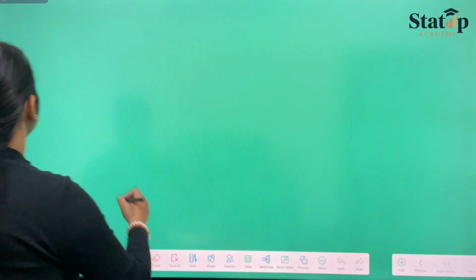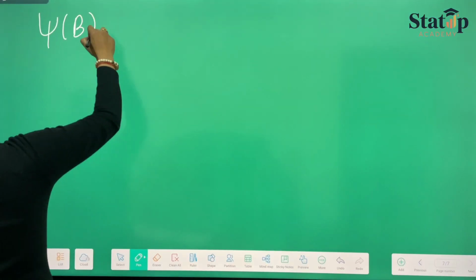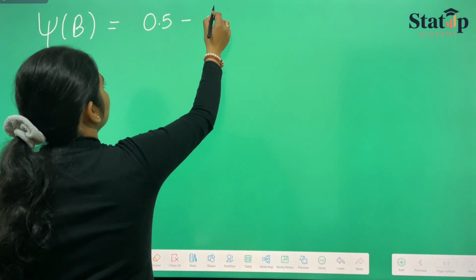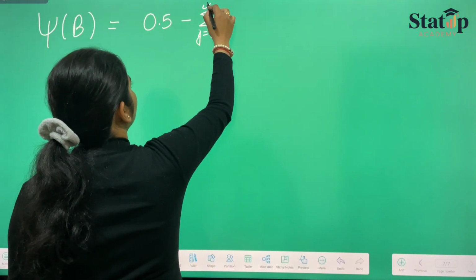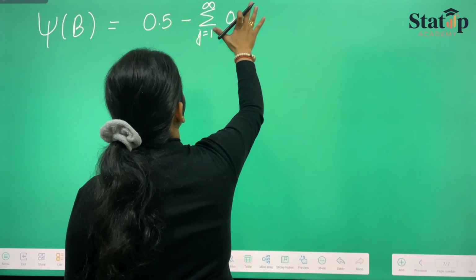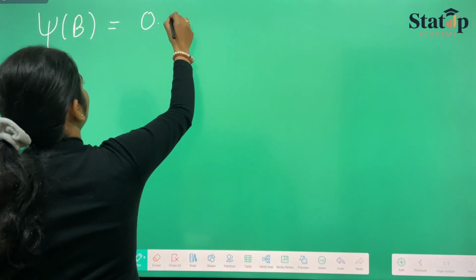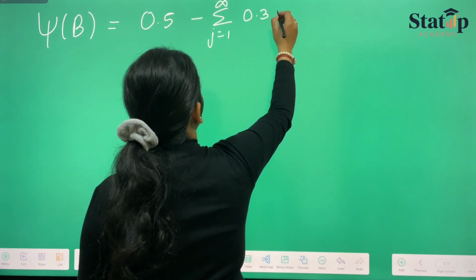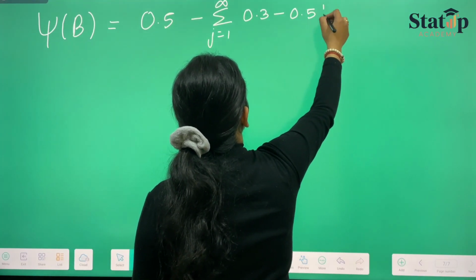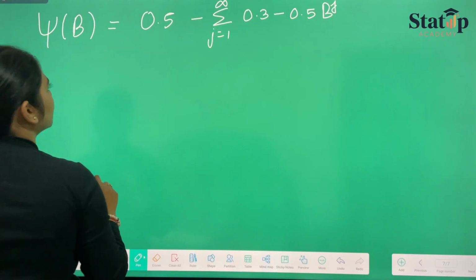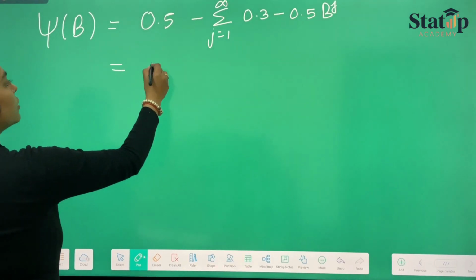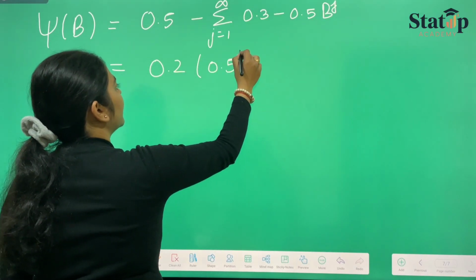And if we take phi b, the formula for phi b comes out to be 0.5 minus 0.3 times 0.5 b j, which comes out to be 0.2 into 0.5 j.